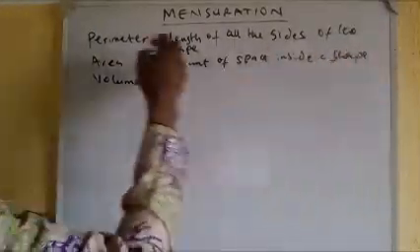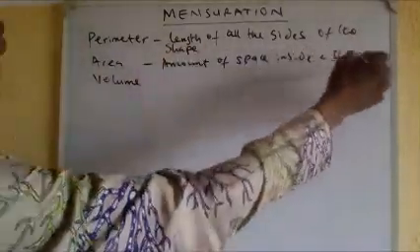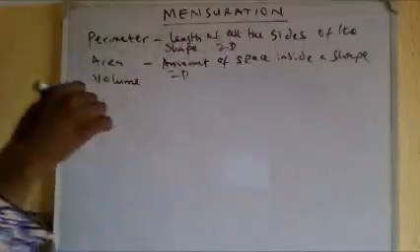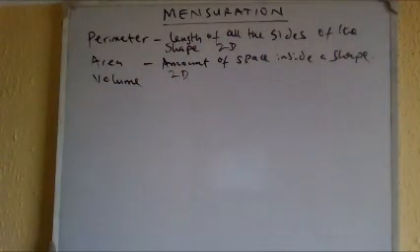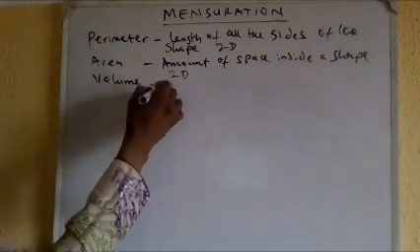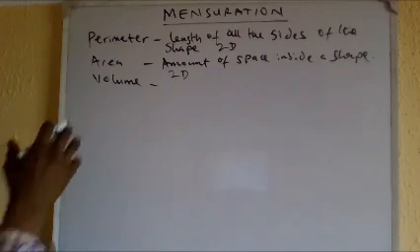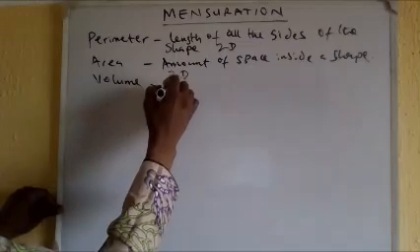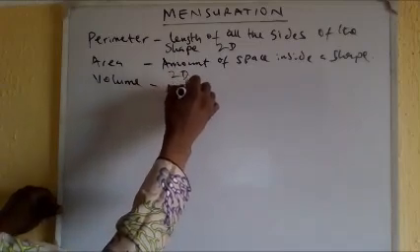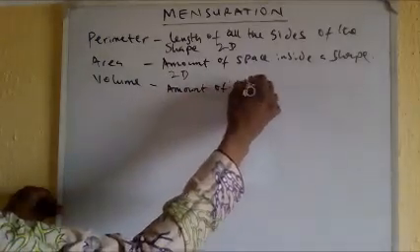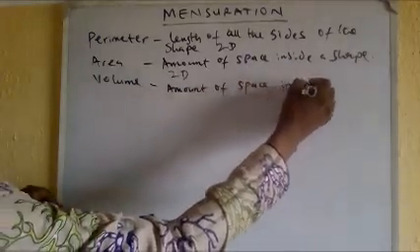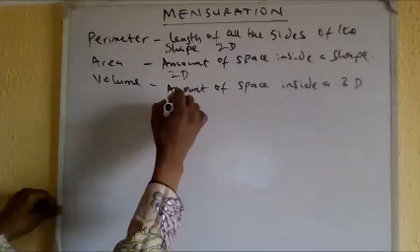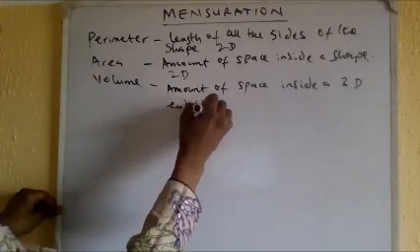Now, mind you, for perimeter and area, we're looking at 2D, two dimensions. But the volume of any shape or quantity is the amount of space inside a 3D entity or space.